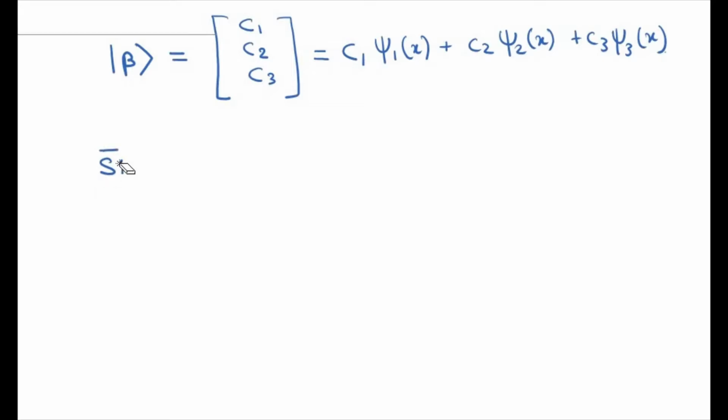So let me go to another page. Let us consider two vectors in real space.